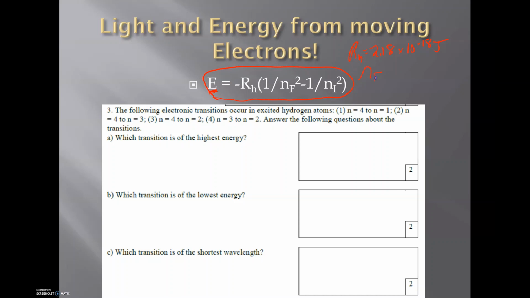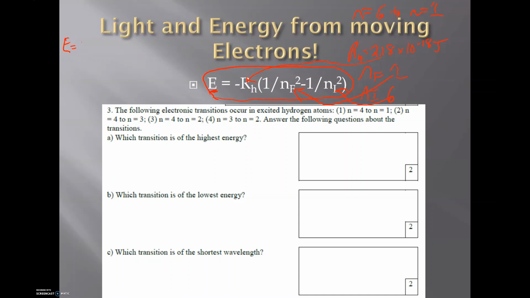Now NF is the final energy level, and NI is the initial energy level. So if we were going from n equals 6 to n equals 1, we could plug this in and solve for it. So the final was 1 and the initial was 6. So we can plug these values in here. And that's what we're going to do right now. We're going to solve for the energy of that transitional change.